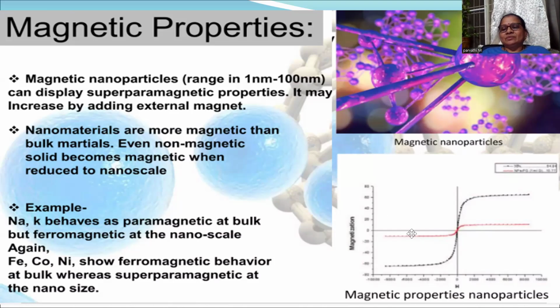This is a small graph representing the magnetic properties of nanoparticles, magnetization versus nanoparticle size.